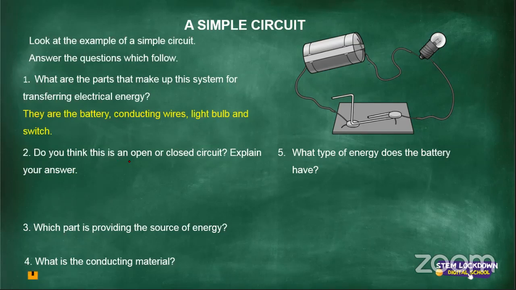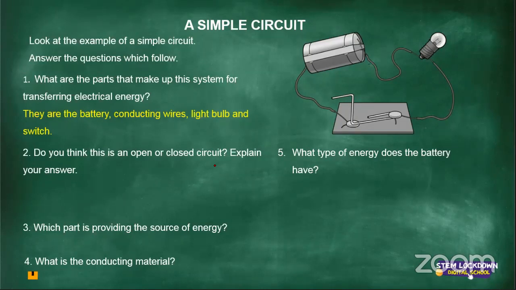So what do you think is a closed or an open circuit? How would you explain a closed or an open circuit? Ratabele, my host will unmute you. Hello, ma'am. An open circuit is when the bulb can light up, and then the closed circuit, it means that the bulb can light up because of... Okay, if it's open, then the energy wouldn't pass through the wires.